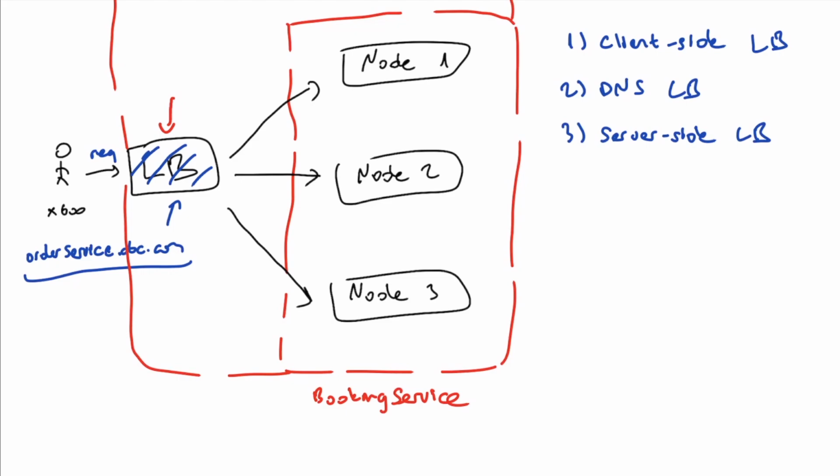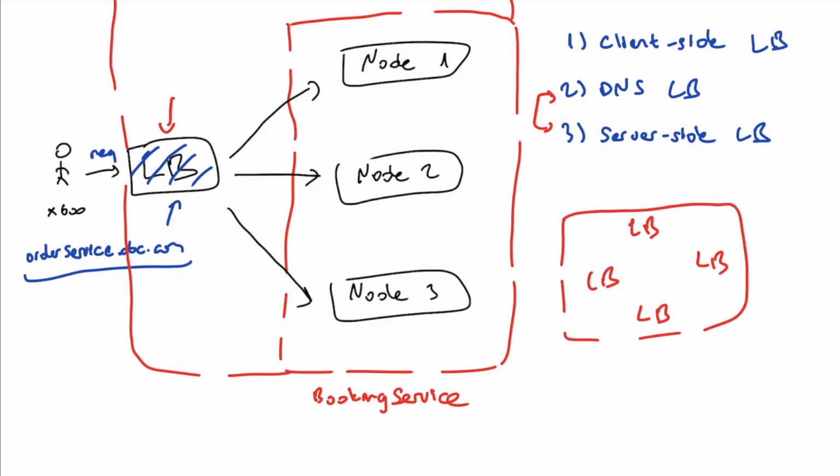The common approach for that is combining the second and third approaches here. So you have nodes and you have a load balancer which is distributing the traffic to those nodes. But this load balancer is not a single load balancer. You have multiple load balancers or multiple nodes, and they are using DNS load balancing.